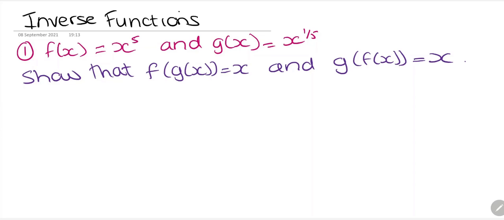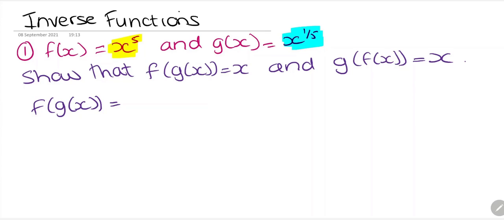So what we're going to do, the first one, we've got f of g of x is equal to, we're going to take the function, the x to the 5 function, and then instead of x, we're going to write the g function.